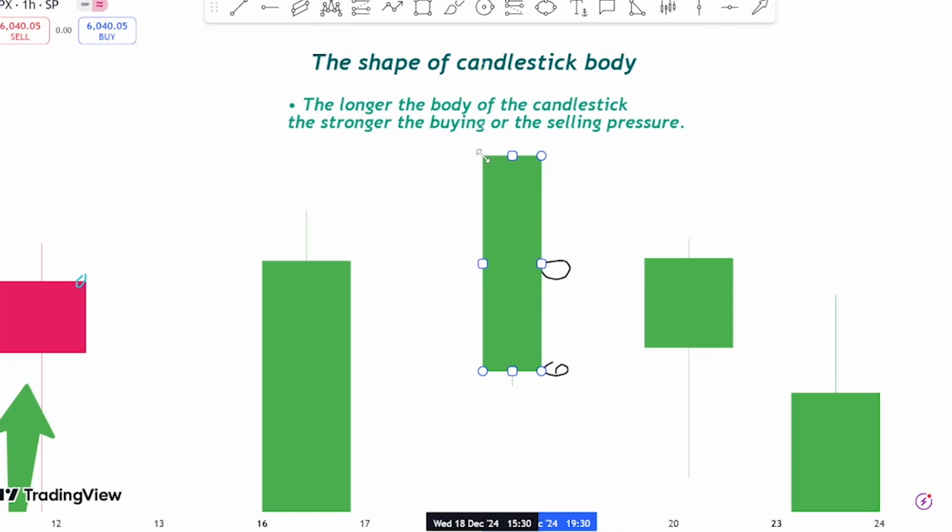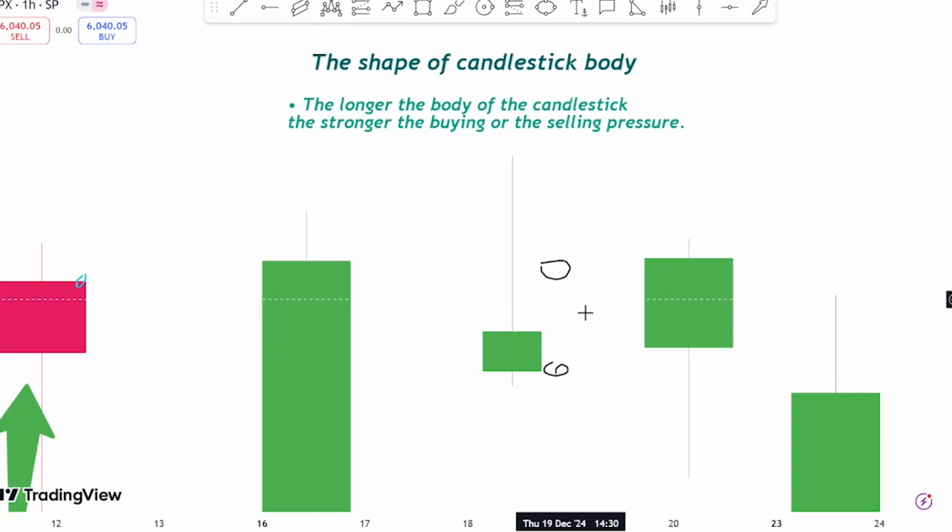Then after that, we made a high. So the sellers tried to come with high pressure and pushing down the body of the bullish candle. Then we end up closing with the small body.